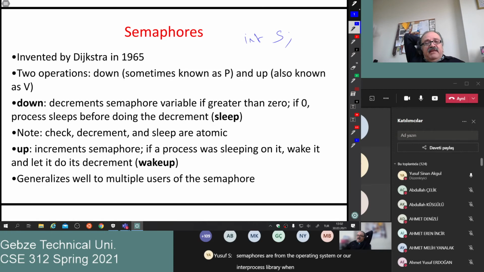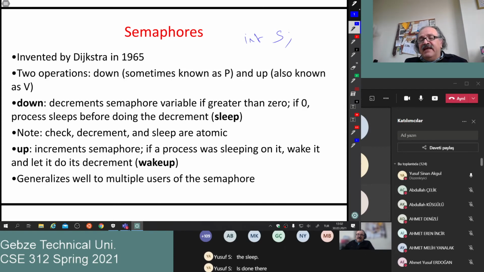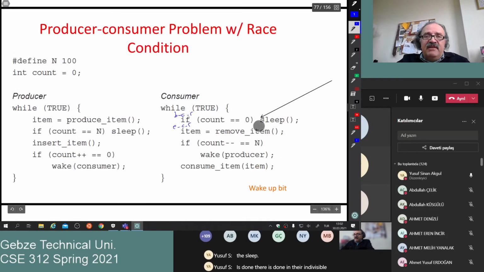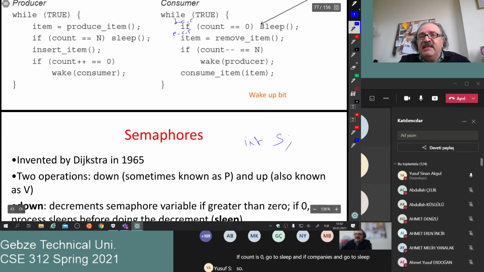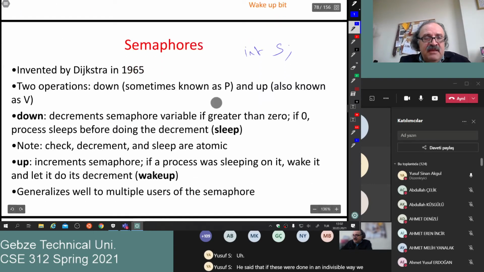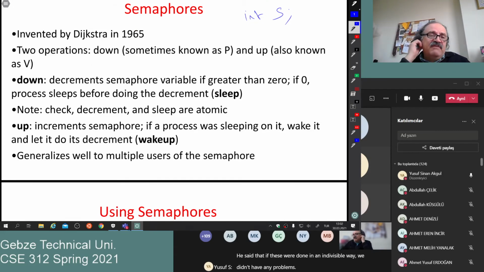When I say up and down, they are done in an indivisible way. Decrementing it and going to sleep is done in an indivisible way. Remember what I said? If count is 0, go to sleep. We said that if these were done in an indivisible way, we didn't have any problems. Semaphore is kind of satisfying that.